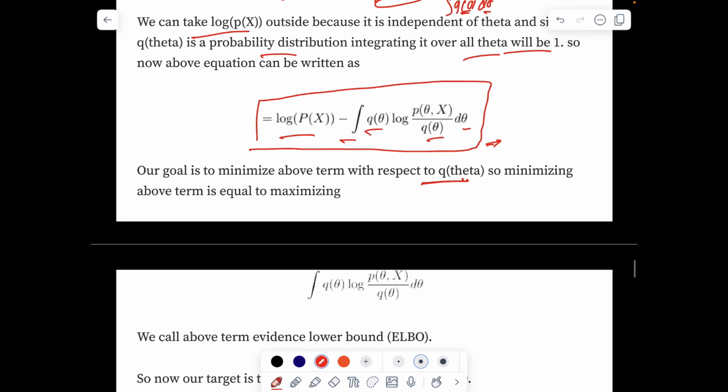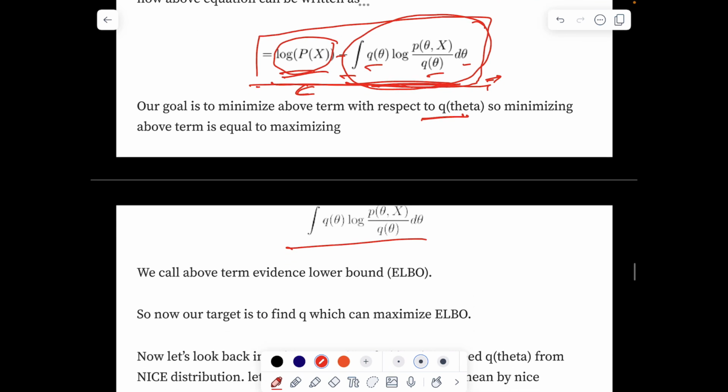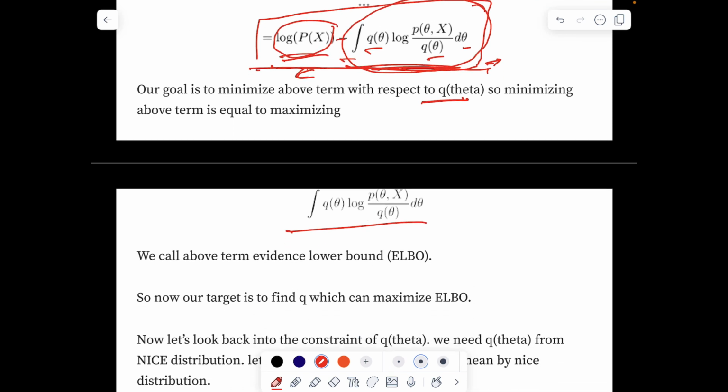Because log p(x) is a constant, minimizing this term is equal to maximizing the other term, because we have a minus sign here. This is what we call the evidence lower bound, or ELBO.